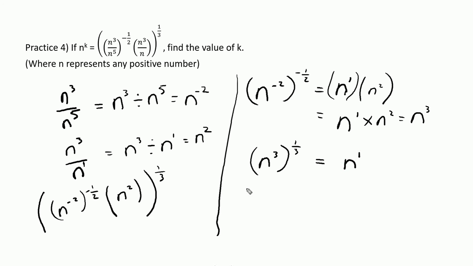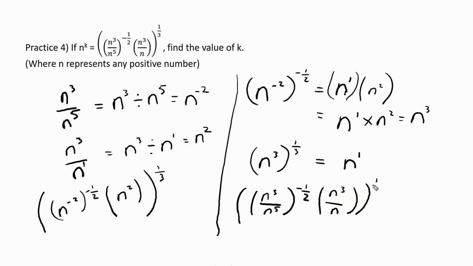So to summarise the entire expression, n to the 3 over n to the 5 to the power of minus a half times by n cubed divided by n to the power of a third is conveniently equal to n to the power 1. Back to the question, we can see that the value of k is equal to 1.